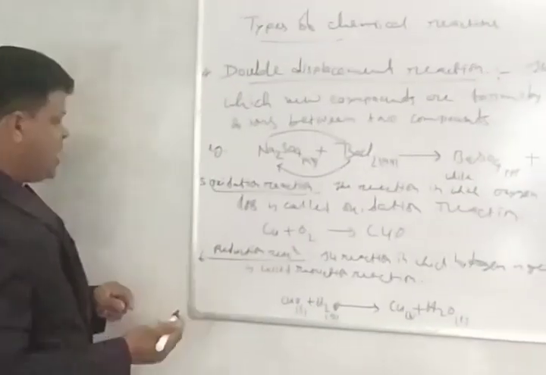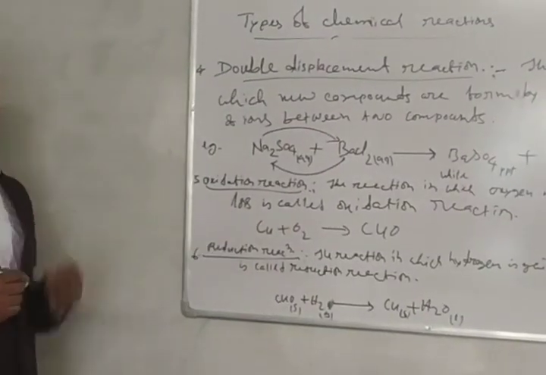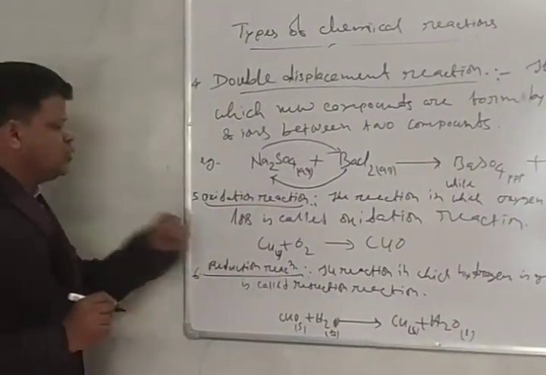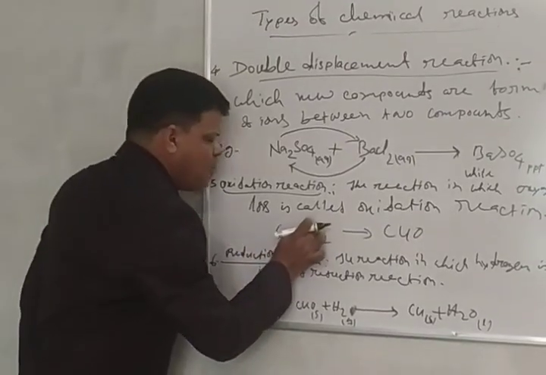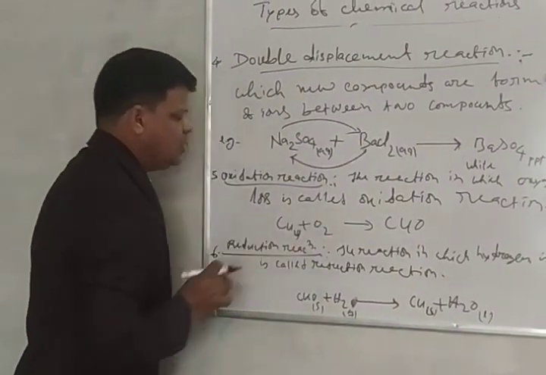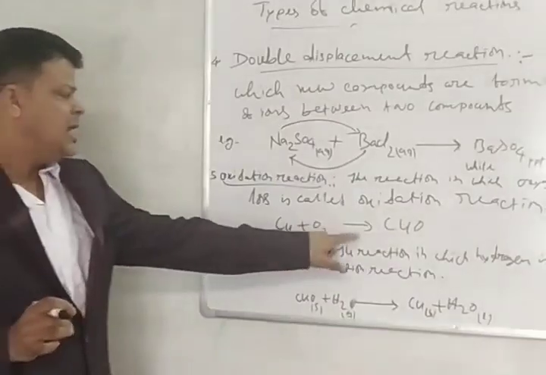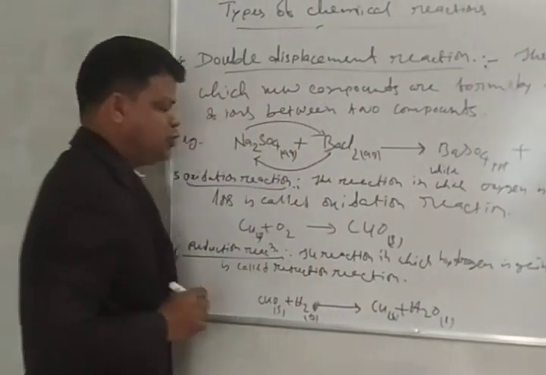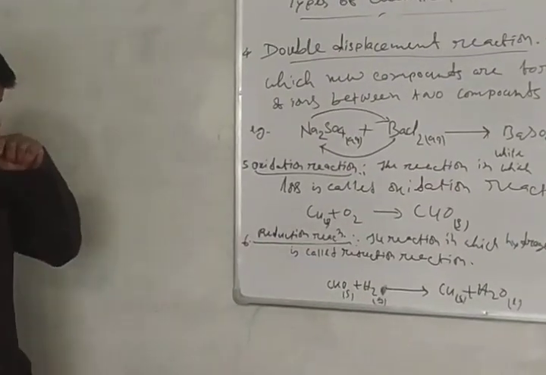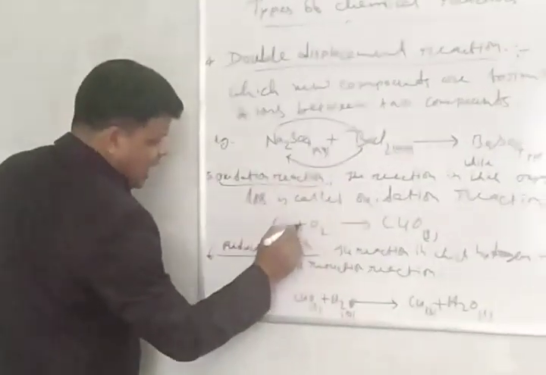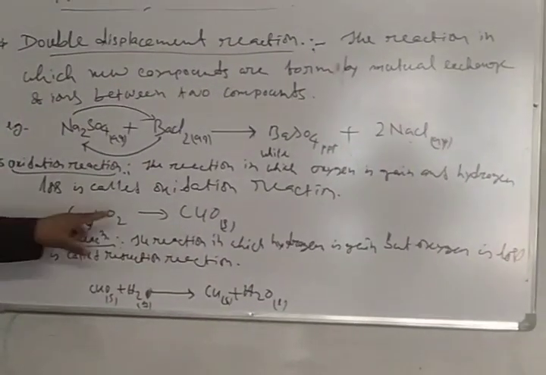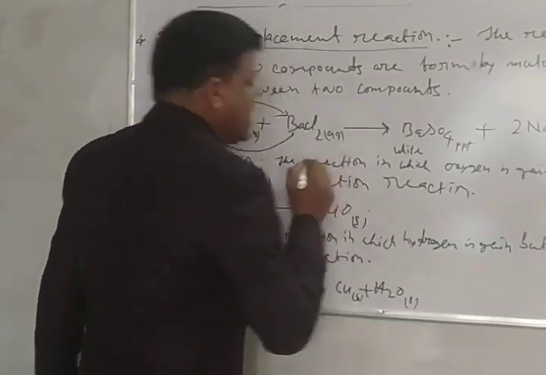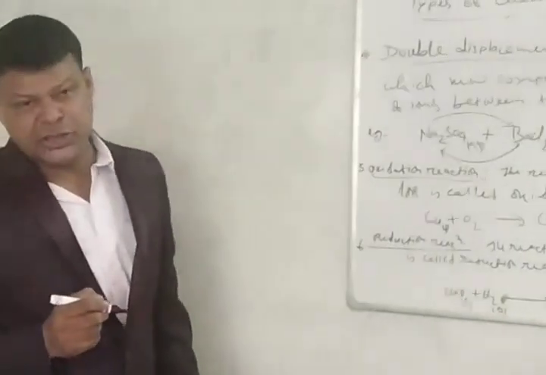For example, say you have taken a piece of copper metal, Cu, in solid state, and when you burn it or supply heat to it in presence of oxygen, it will produce copper oxide, CuO, also a solid. Here copper gains oxygen. Since in this reaction oxygen is added to copper, this is an example of oxidation reaction.